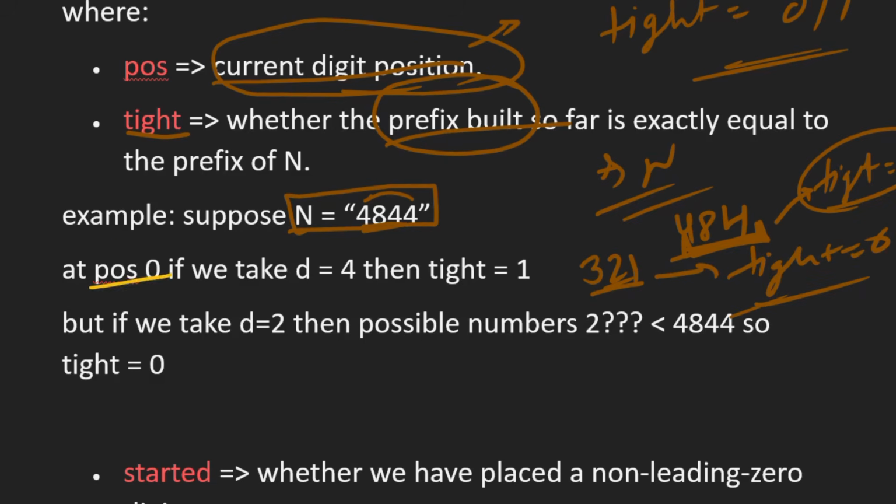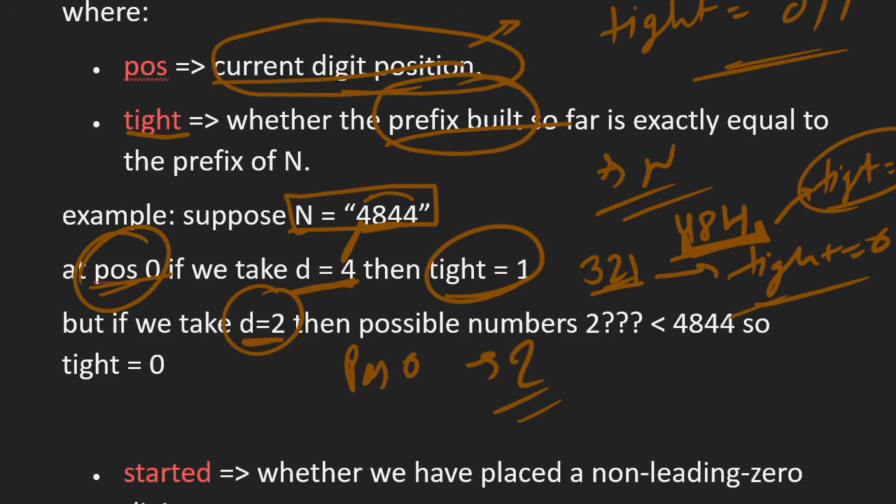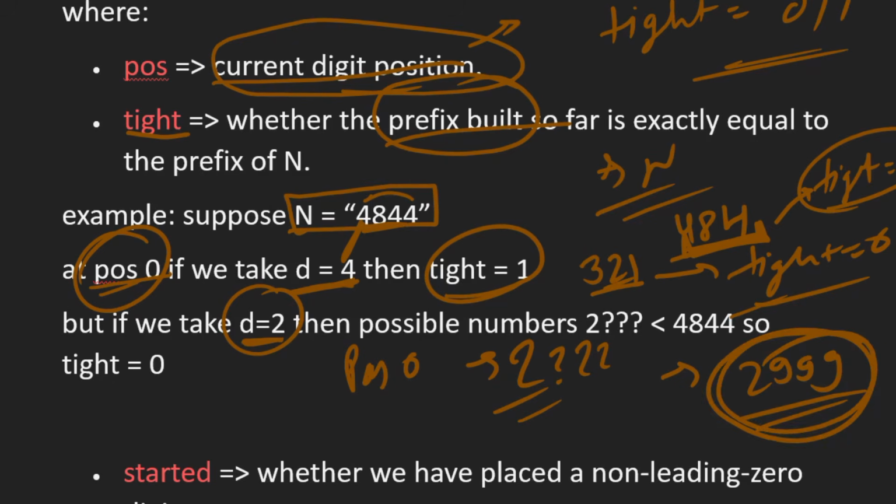So suppose at position 0 in the number, if we take d equal to 4, that means we are taking the same digit, then our tight will be 1. But if we take digit equal to 2 at position 0, then what are the possible numbers we can form? We can form all the numbers up to 2999, right? But we know all these numbers are lesser than 4844. So in that case tight is equal to 0.